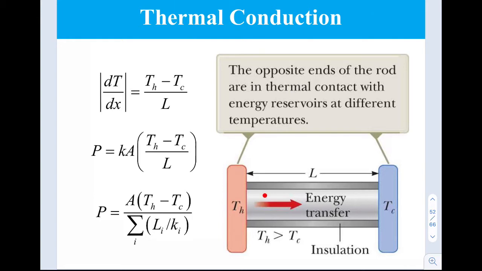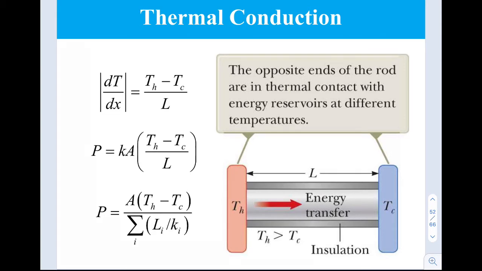Suppose a long uniform rod of length L is thermally insulated by an insulation system here, so the energy cannot escape by heat from its surface except at the ends, as shown in this figure.